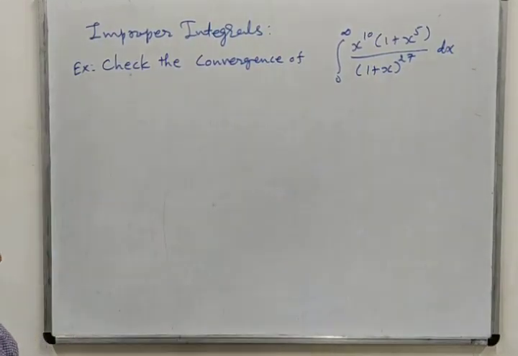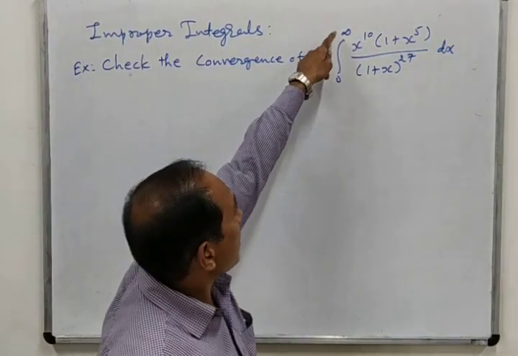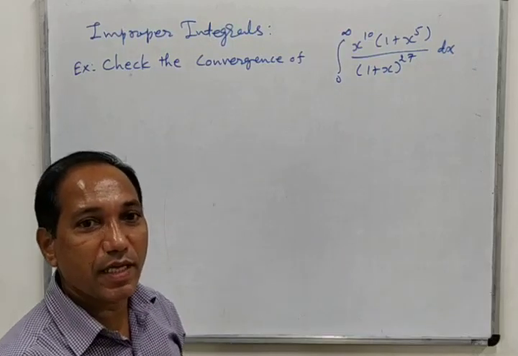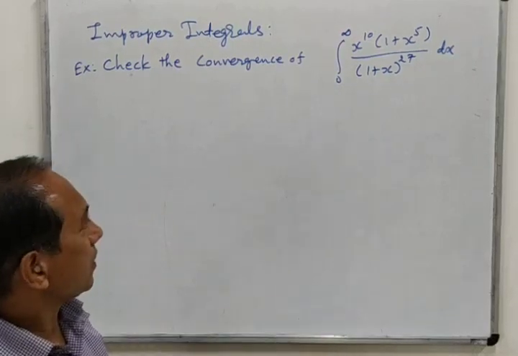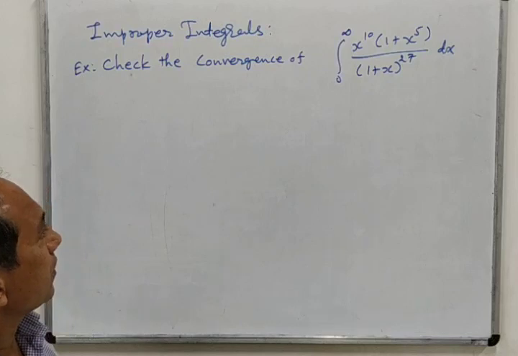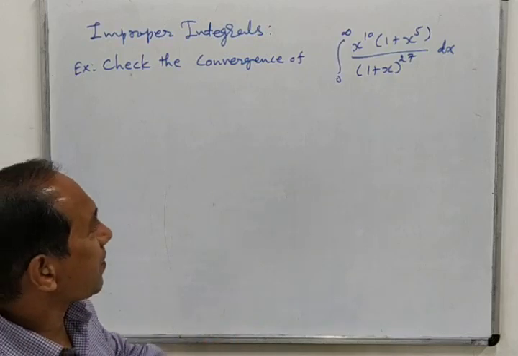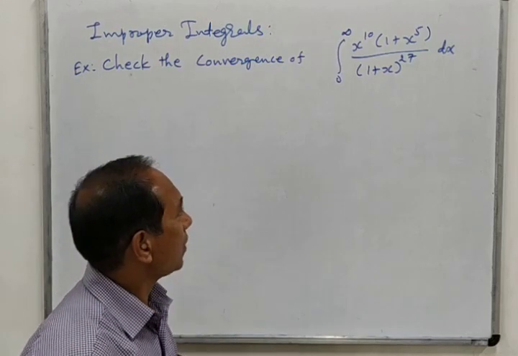So, see, the limit is infinity, so it is an improper integral. Okay? And one more thing here. It is an improper integral that we have identified, but now to solve.